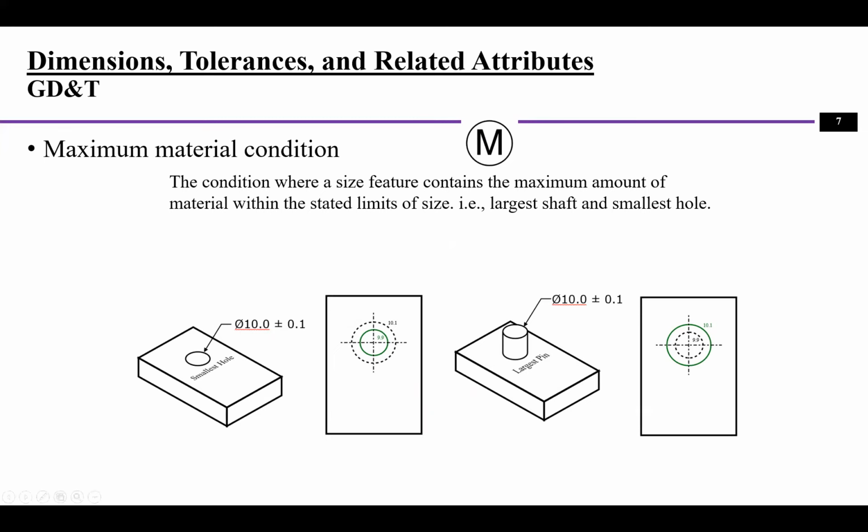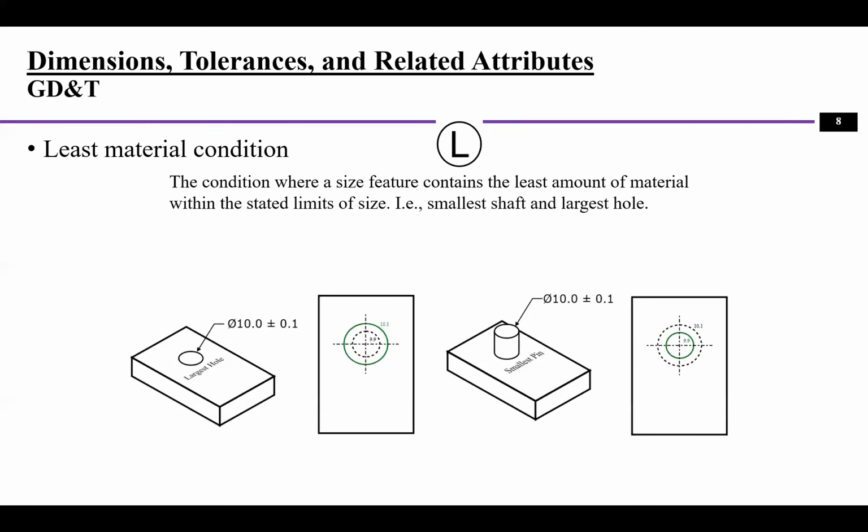For example, if it is a hole and I put this M symbol here, it means we actually want a smaller hole because we want the maximum material. Where is the material? It's all this part except this hole, right? So only when we have the smallest hole can we have the maximum material. On the other hand, if we are making a pin and I put this maximum material condition next to it, it means we want a bigger pin, right? So this is what is meant by maximum material condition.